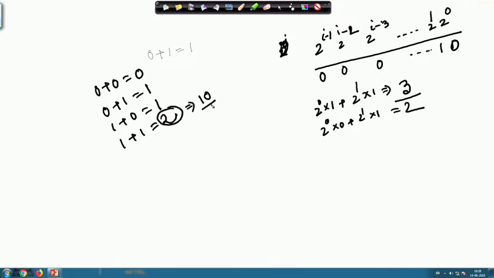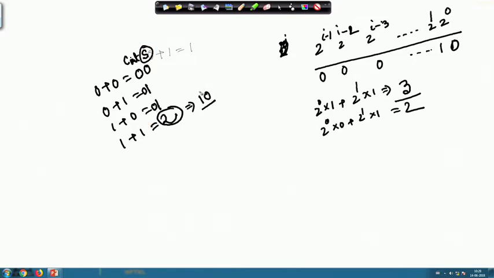So, I can represent this as 0 0, this as 0 1, and this as 0 1 0 for the values, but for 2 I need 1 and 0. So, that is why this bit is the carry out and this bit is the sum.